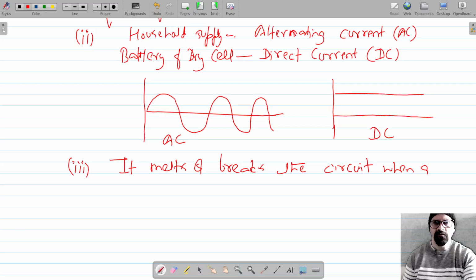It happens when there is current of higher value than its rating. So if the fuse is of 5 ampere and the current exceeds its rating, that is above 5 ampere, the fuse wire melts and breaks the circuit.